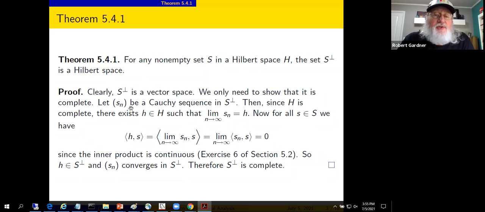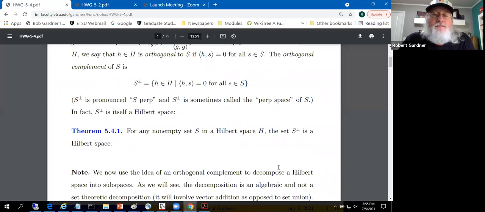And so this Cauchy sequence converges to h, an element of S perp. An arbitrary Cauchy sequence in S perp converges to an element of S perp. That's completeness. So S perp really is a complete normed linear space. I'm sorry, a complete inner product space. That is, it's a Hilbert space. Back to the notes.